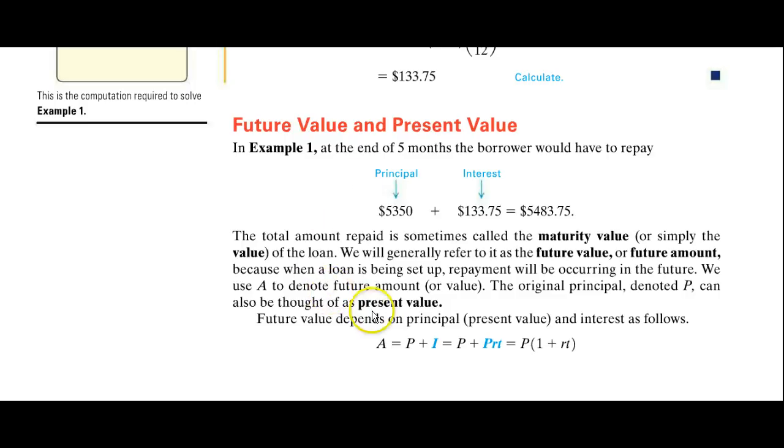And they're going to use the letter A, capital A, for future value. So present value plus interest equals the principal plus the principal times the rate times the time, which is your interest. And if you factor out a P from this, you get this. So we'll say the future amount, future value, A, is equal to this over here.